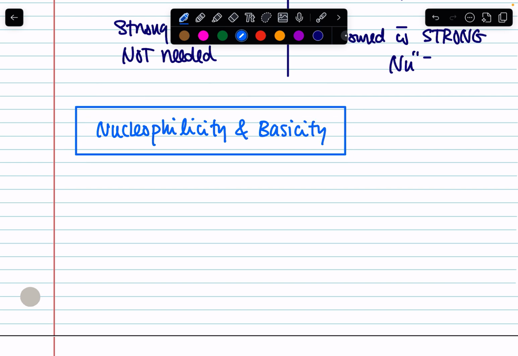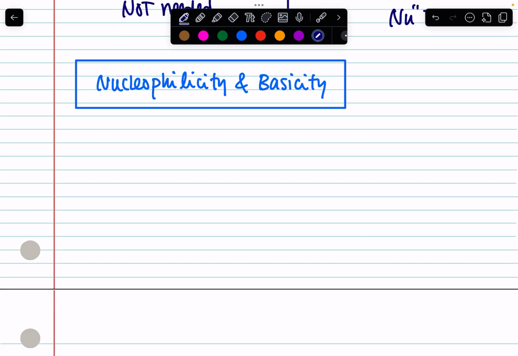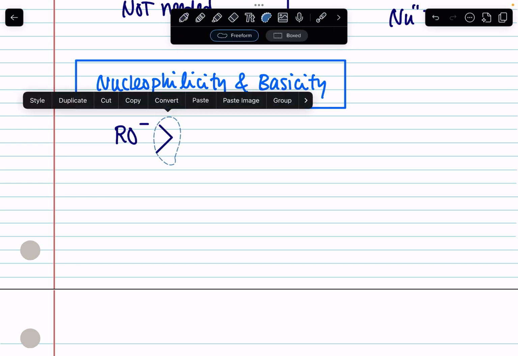When you look at nucleophilicity, you basically have the following. Remember, R is the same thing as before.